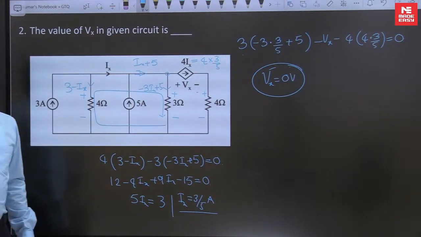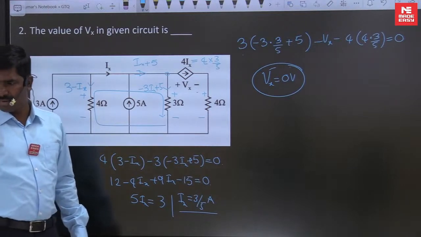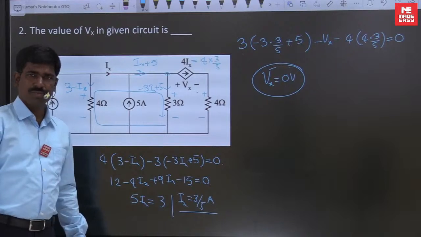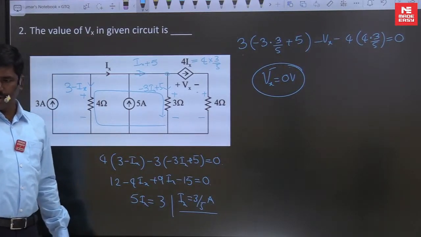No one has given an answer for this question. So Vx is equal to 0. Correct or not? Check it. Any doubt? Please ask now. Any doubts?